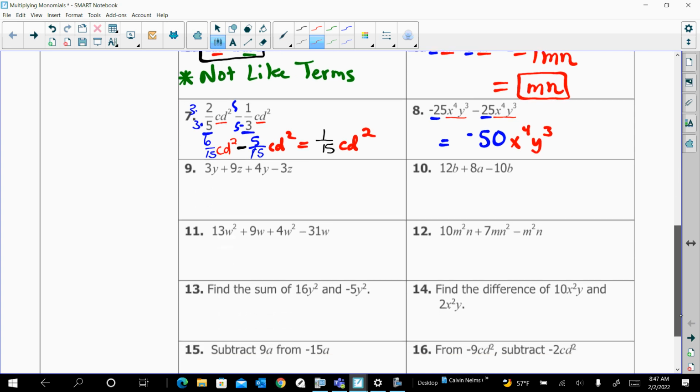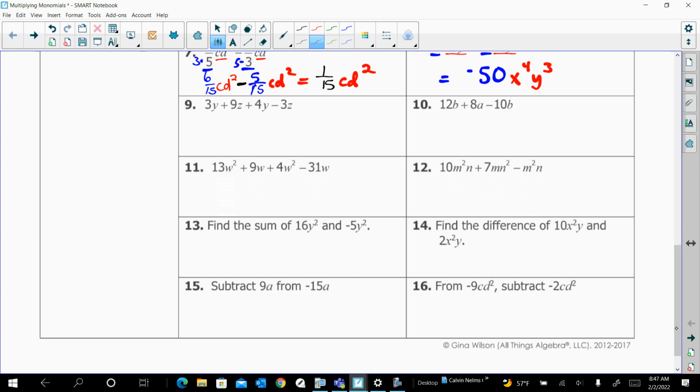All right, jump to number 15 for me. Okay. 15 says subtract 9a from negative 15a. How would that be written? Negative 15a minus 9a. Very good. Okay, so make sure we're setting it up correctly, so we have the correct sum or difference.